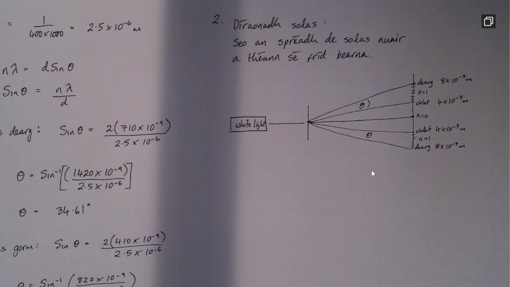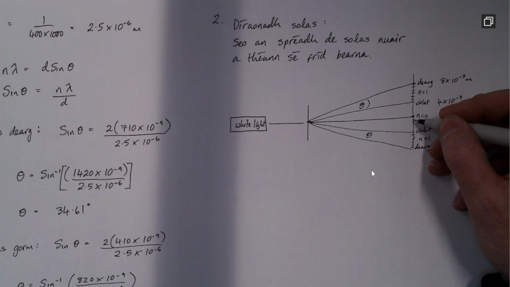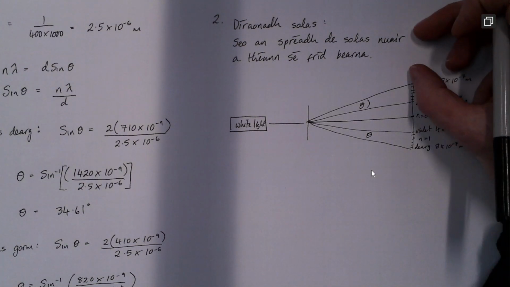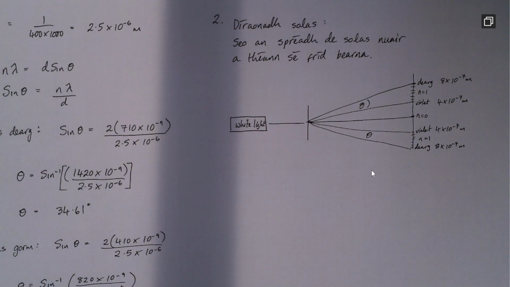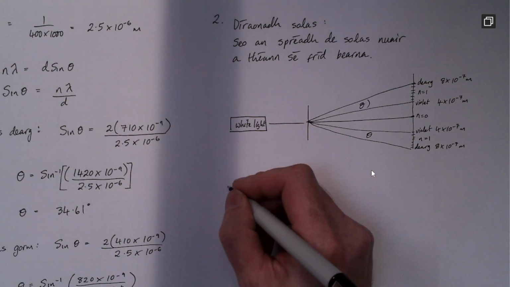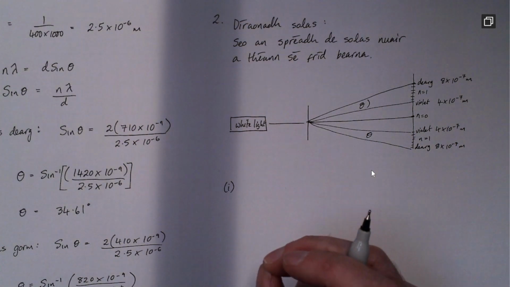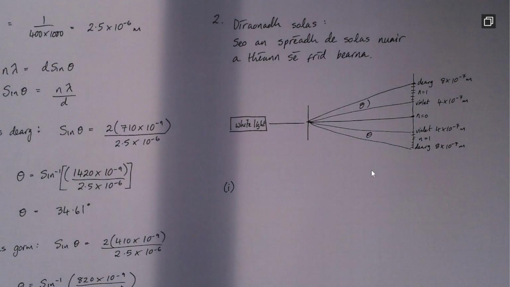So n equals 1 has dispersion, right? All white light produces white light at the centre. Now the colours within, the distance between them, expands. The sine of the angle is always divided by n, which is the order.